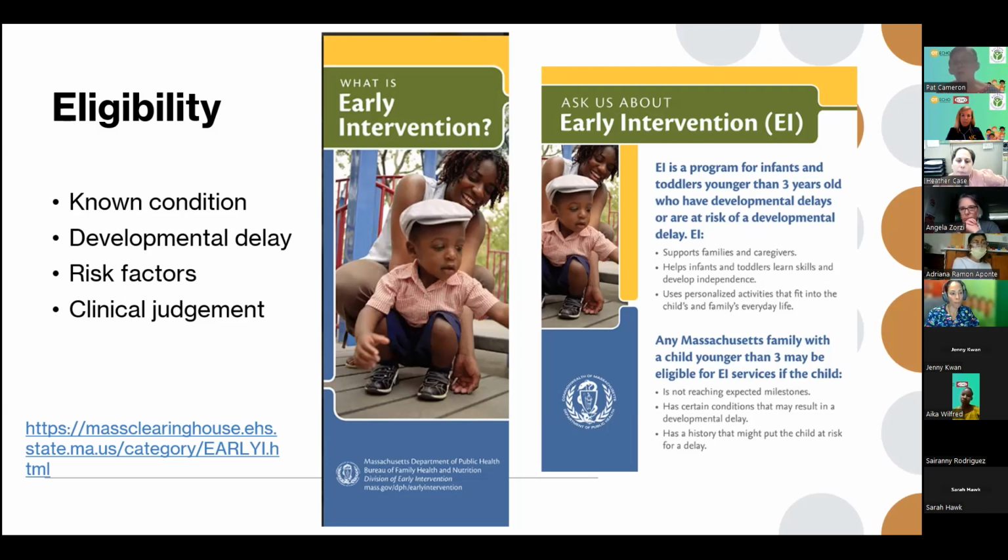This could be a brochure rack in the entryway of your program, or part of your packet when you welcome families, so that they know that you care about child development and you are on top of monitoring and helping families seek out the resources their child may need.